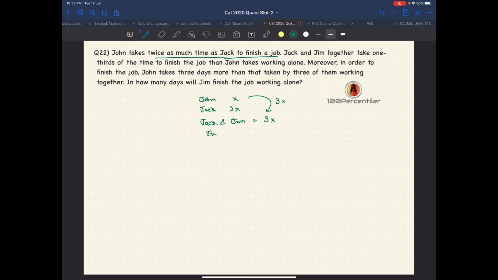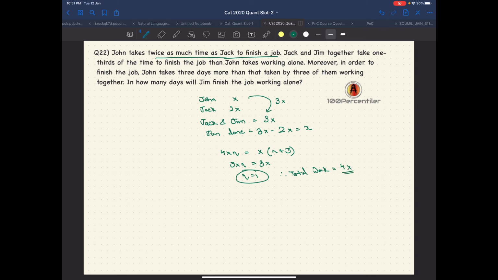So therefore Jim alone is nothing but 3x minus 2x, which is x. Now moreover, in order to finish the job, John takes 3 days more than that taken by all 3 of them working together. So all of them working together will do 4x and they'll take suppose n days to complete the work, while John does x work and he takes n plus 3 days. So therefore 3xn is equal to 3x and n is equal to 1 here. Therefore total work is nothing but 4x.